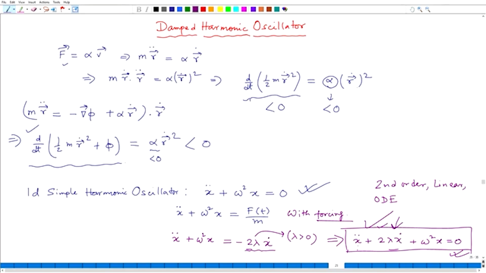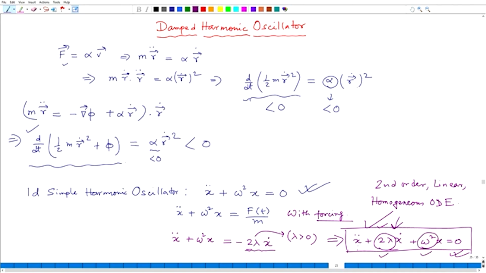So, it is a second order linear homogeneous ODE. Okay. With constant coefficients. That is also very interesting. Okay. These are constant coefficients.